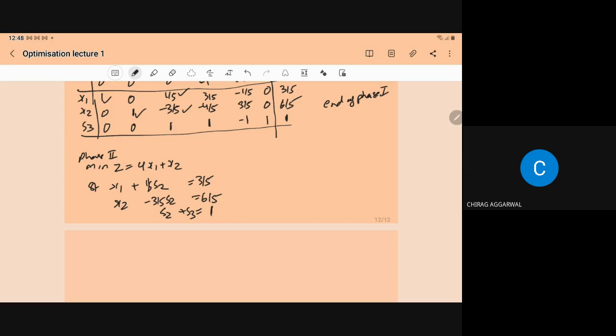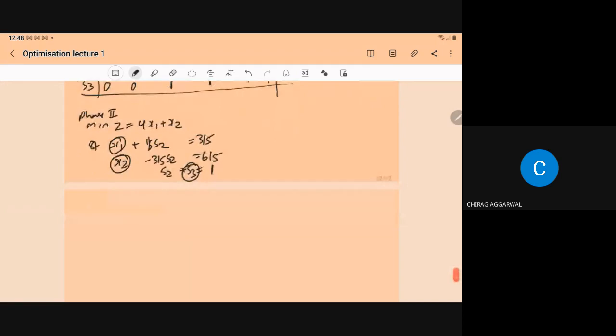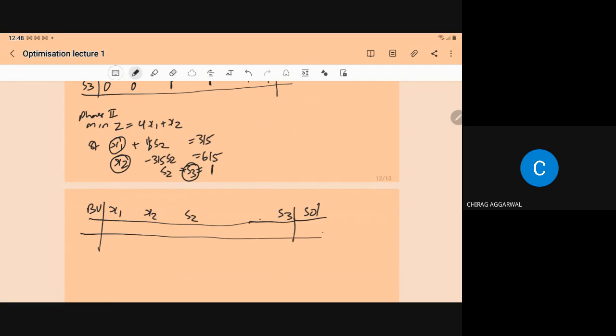So here you can notice x1, x2, s3 are forming the identity matrix. So the table will have basic variables x1, x2, and s3, columns x1, x2, s2, s3, and the solution. Now instead of the r, we write the z.